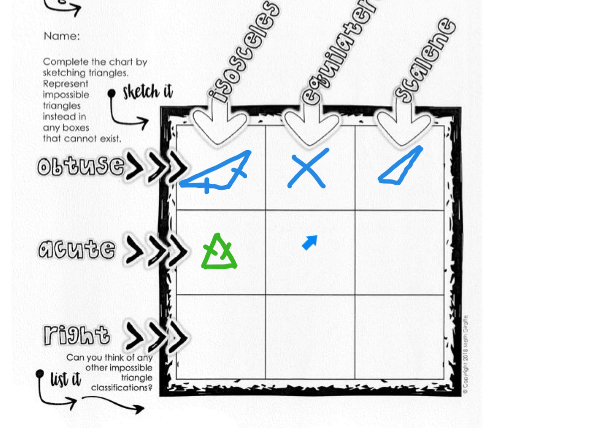Next one is acute equilateral. Equilateral triangles are always going to have all of the angles acute, and then all the sides are the same. And then next we have an acute scalene. This is where the angles are small, but the sides are different.